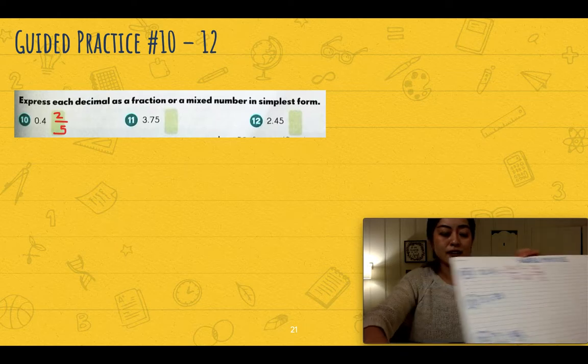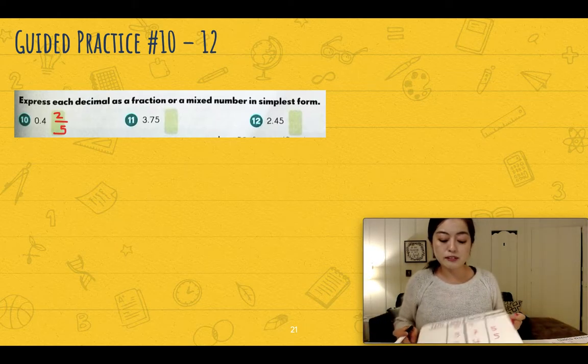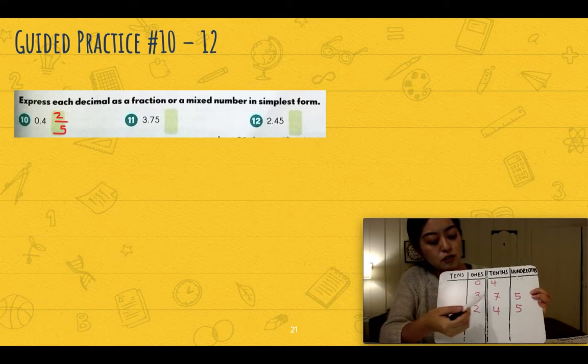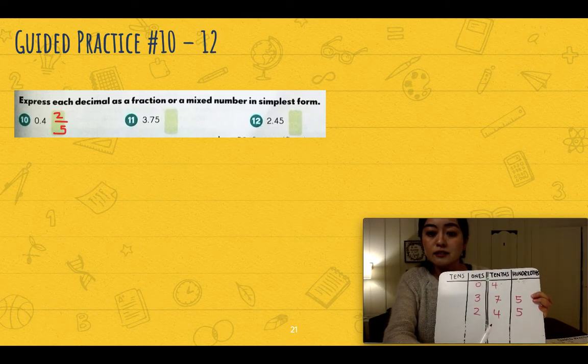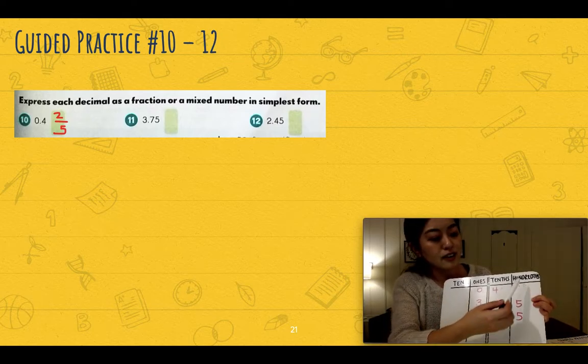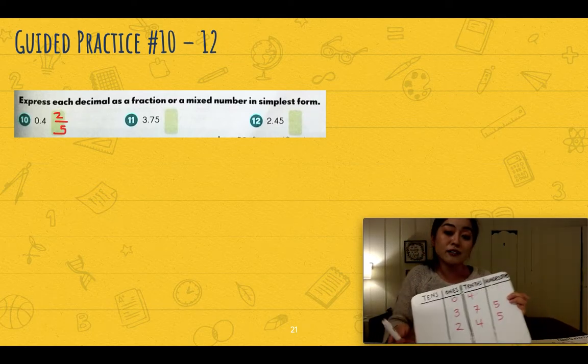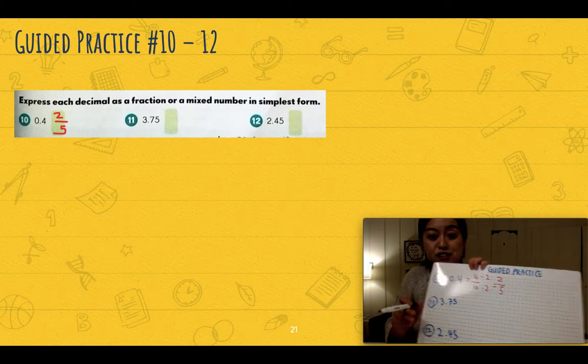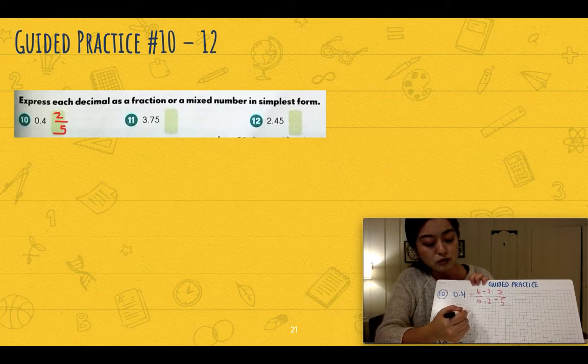All right, now let's look at 3.75. How do I read 3.75 with the word hundredths in it? It's 3 and 75 hundredths. So now that I read it, I know how to write it as a fraction. So this is equal to 3 and 75 hundredths.